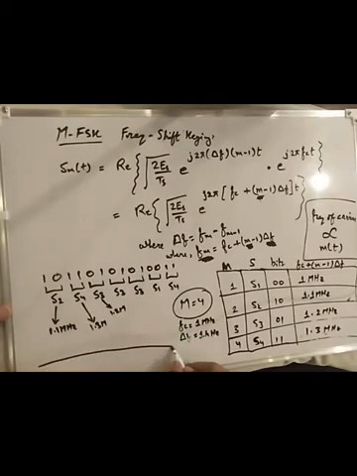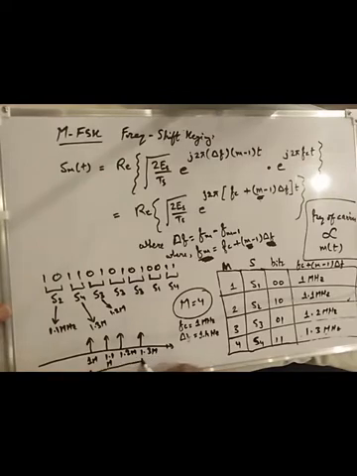And if you plot it onto the frequency axis, you would see spikes at 1 megahertz, 1.1 megahertz, 1.2 megahertz, and 1.3 megahertz, right?